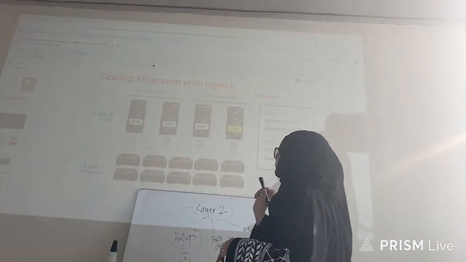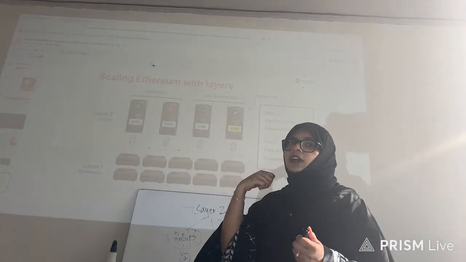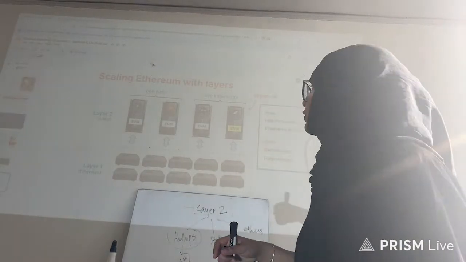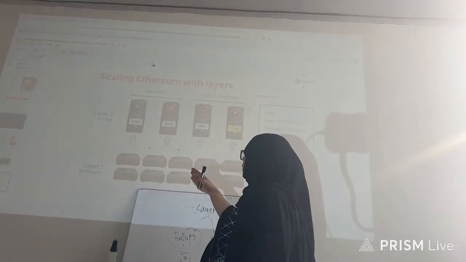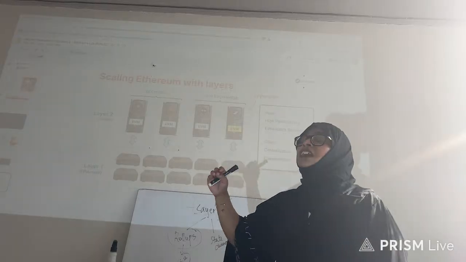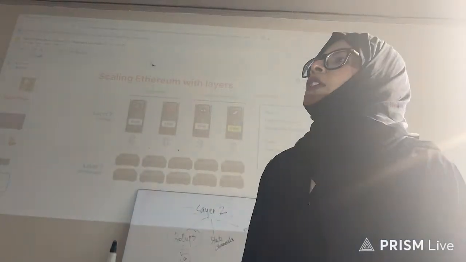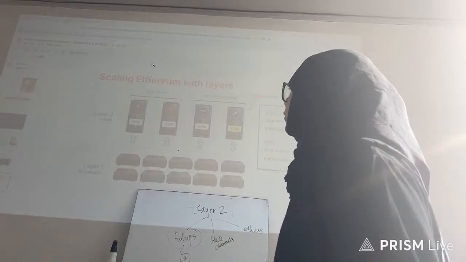Perfect. Now there are two types of roll-ups: optimistic roll-ups and ZK roll-ups that we looked at. Arbitrum and Optimism are optimistic rollups. ZK Sync and Starknet are ZK rollups. Okay, and we're going to look at what the difference is now.